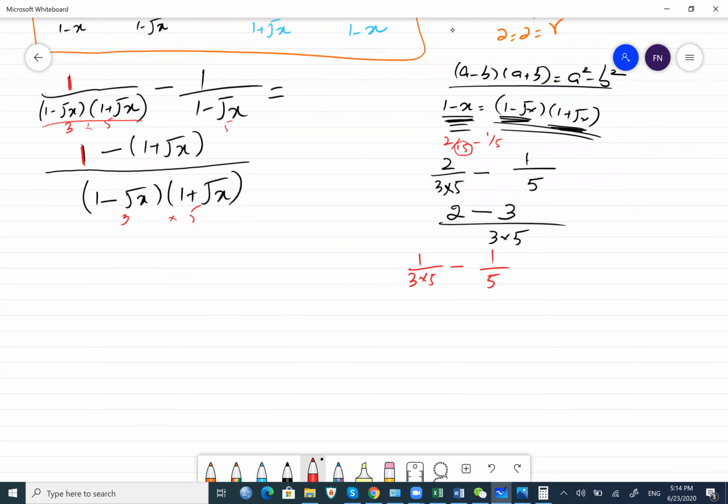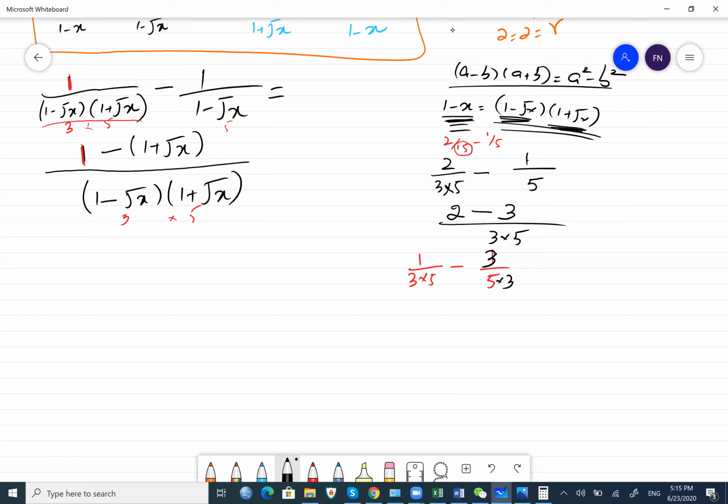Can you solve this one? I would change the denominators to the same denominator. Okay. For example, you will multiply this one with 3 and here it will become 3. That is what you are saying?